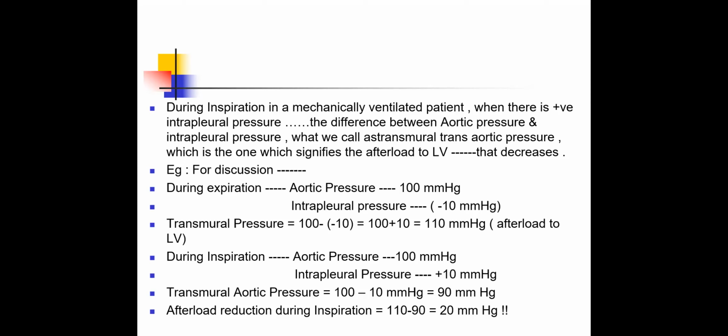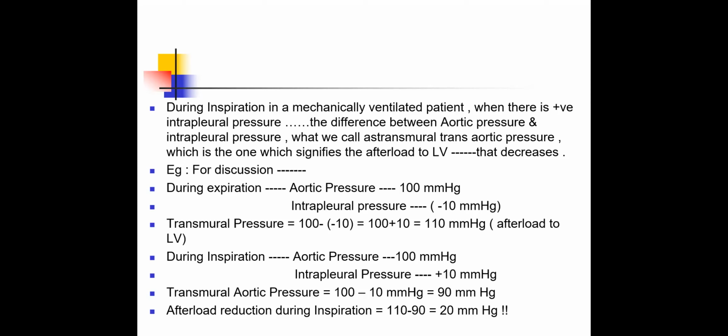Now during inspiration, aortic pressure is the same 100 millimeter mercury. Intrapleural pressure is plus 10 millimeter mercury because of the increased intrathoracic pressure, or positive intrapleural pressure. So transmural aortic pressure would be 100 minus 10, which is 90 millimeter mercury. So the afterload reduction during inspiration in a mechanically ventilated patient would be 110 minus 90, that is 20 millimeter mercury.